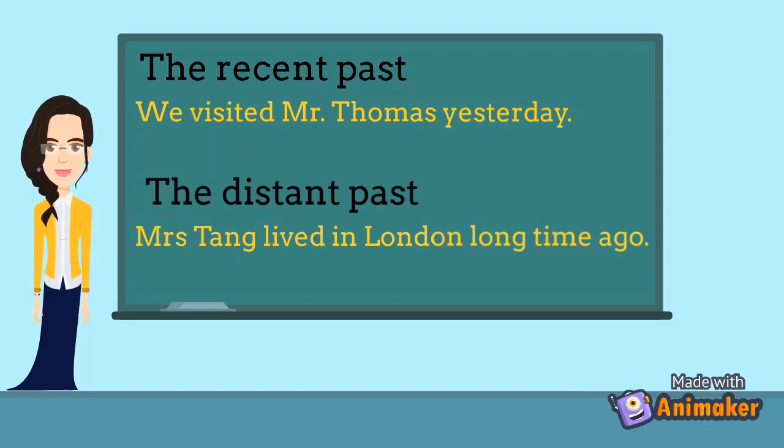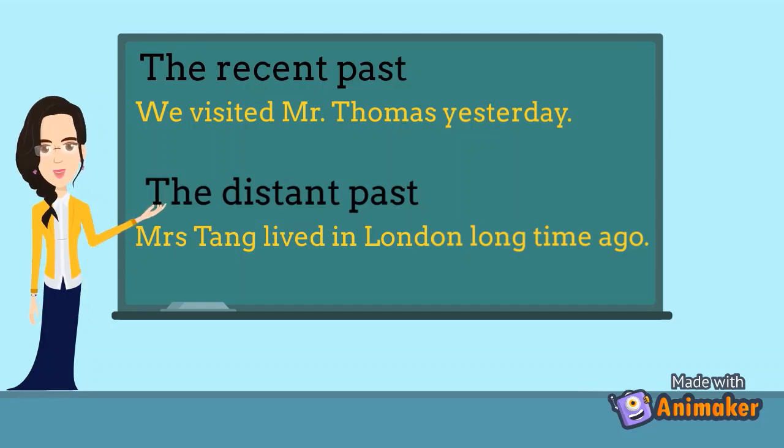What do I mean by that? The recent past refers to something that just happened a short time ago, while the distant past means something that happened a long time ago. Let's look at some examples. We visited Mr. Thomas yesterday. Yesterday is not very long time ago, so we can use it with simple past tense.